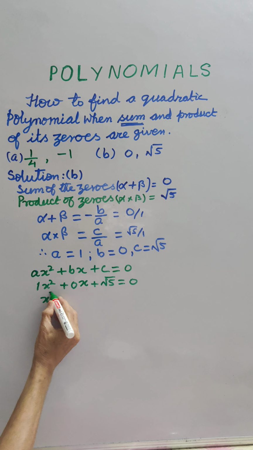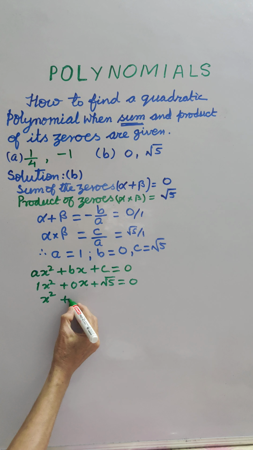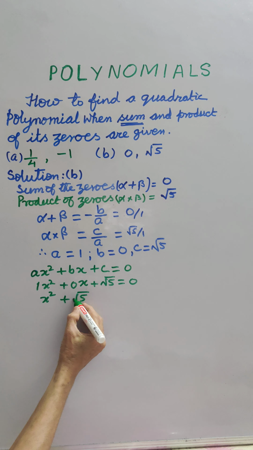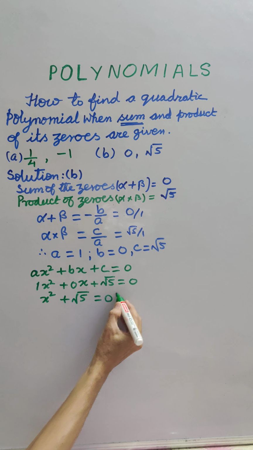So this will become x square plus root 5, which is our required quadratic equation.